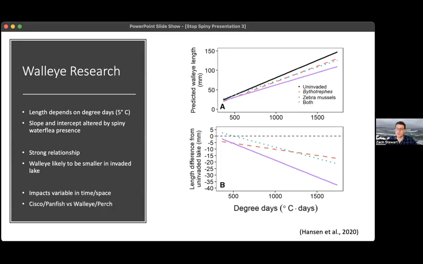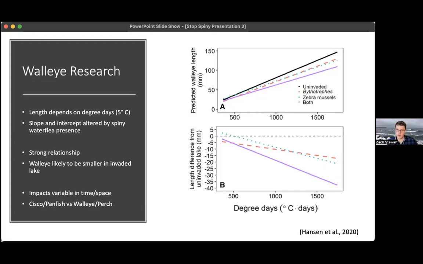There's also some interesting questions still outstanding regarding how different fish species might respond. It's pretty well established that walleye and yellow perch, which are both exciting and economically important species, suffer and grow less quickly in lakes that are invaded by spinies.